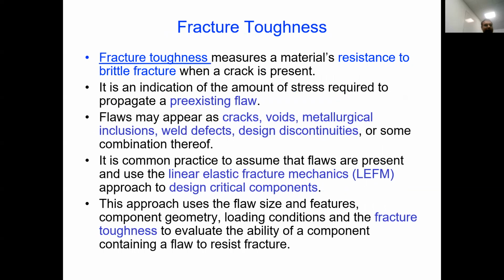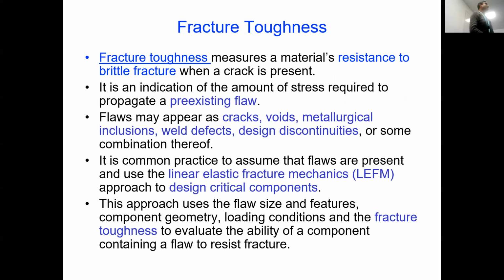Now, there is a thing called fracture toughness. Fracture toughness measures the material's resistance to brittle failure if a crack is present. It also defines the amount of stress required to propagate a pre-existing flaw.